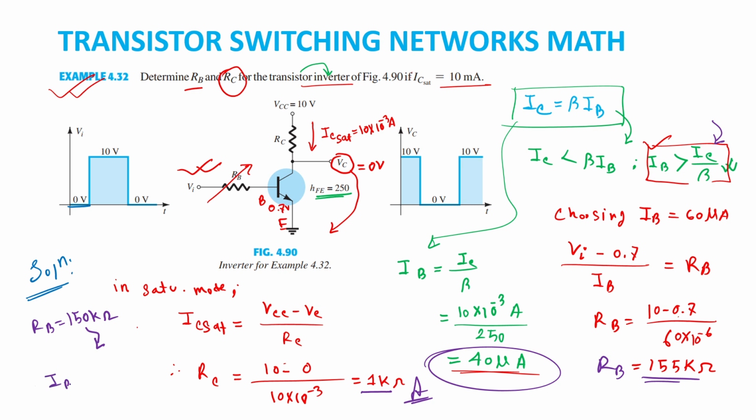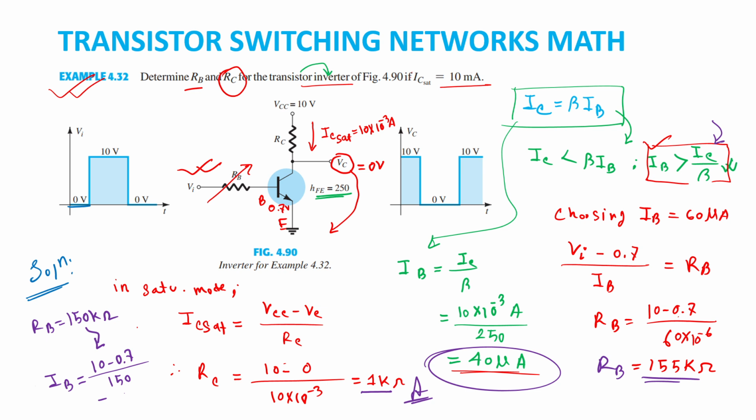IB would be 10 minus 0.7 divided by 150 kilo ohm, so 150 into 10 to the power 3.